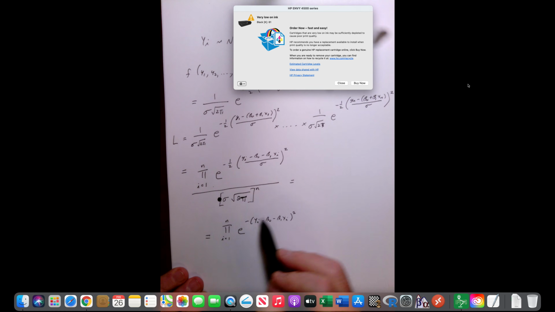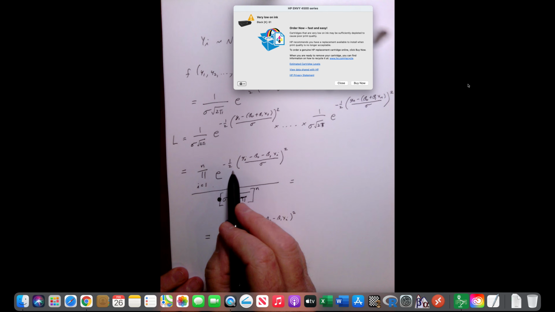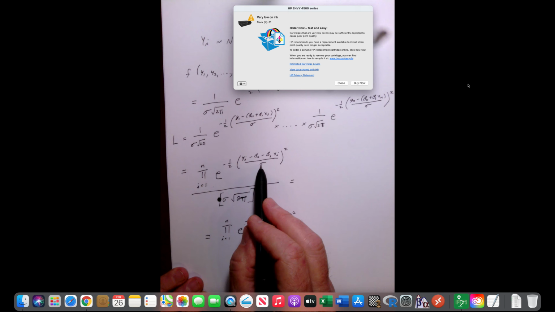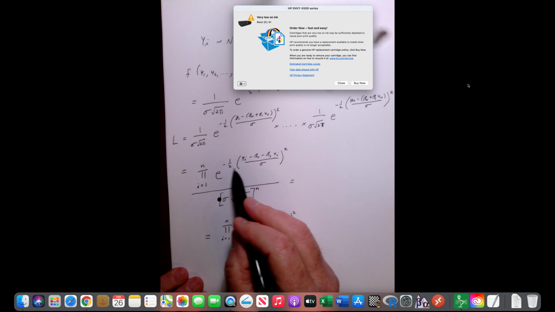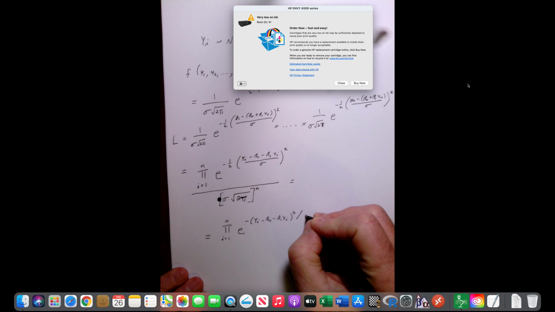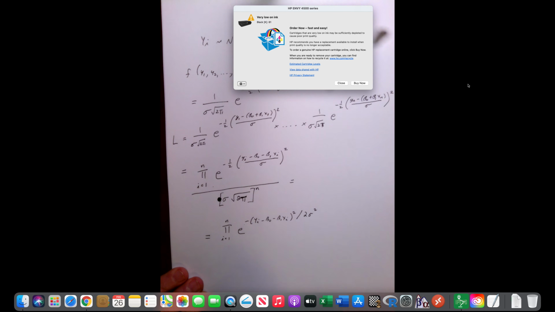We got the negative taken care of. Let's bring the standard deviation out, make it the variance. So 2 times the variance.